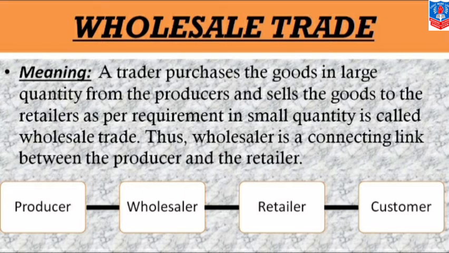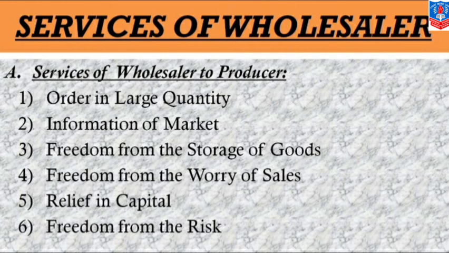Thus, wholesaler is a link between producer and retailer. Okay, so we have first the producer, then second the wholesaler, then the retailer, and then the customer. Clear?